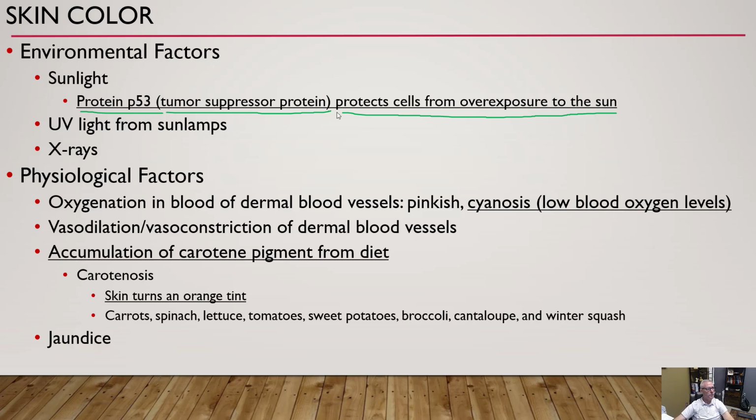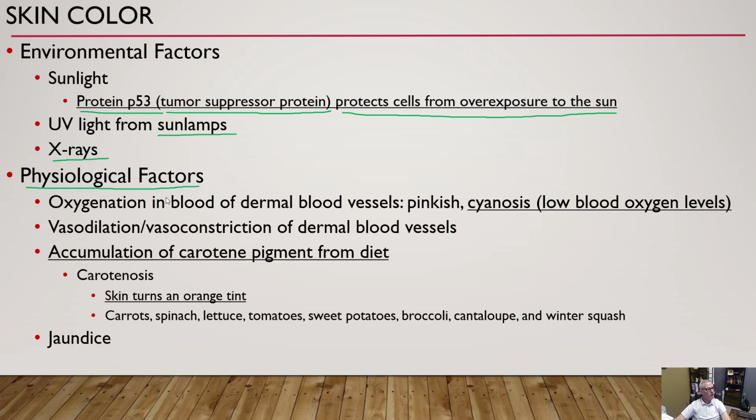Ultraviolet light from sun lamps and tanning beds will affect our skin tone. X-rays can affect your skin color. Not going into the dentist office and having one X-ray from getting your teeth X-rayed. We're talking like 1,000 X-rays.